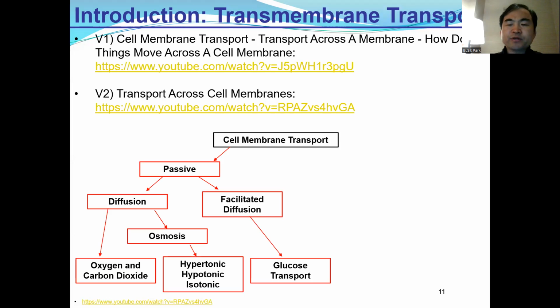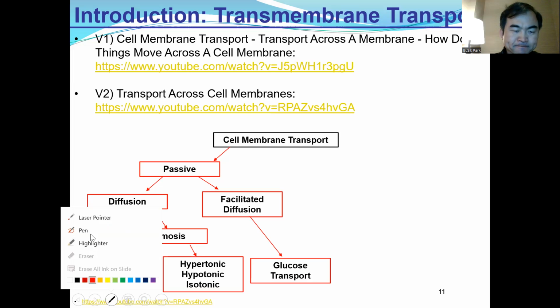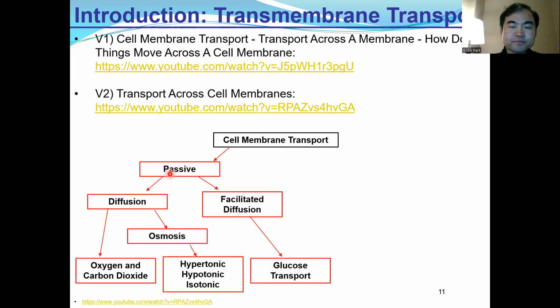Basically, cell membrane transport can be divided into two parts. One is passive, another one is active. Passive cell membrane transport is basically diffusion, and diffusion and facilitated diffusion occur naturally and don't need any energy.